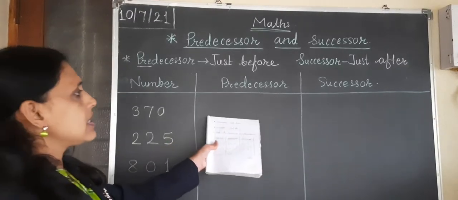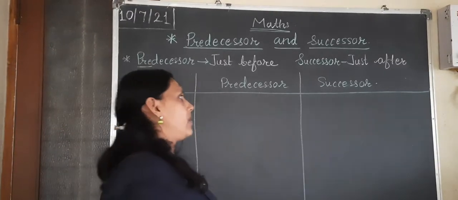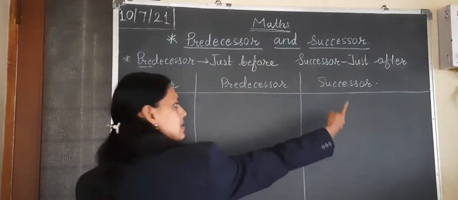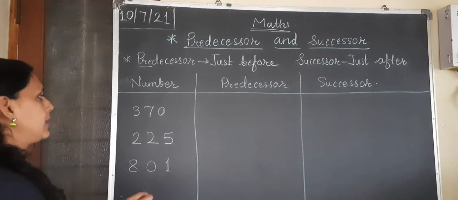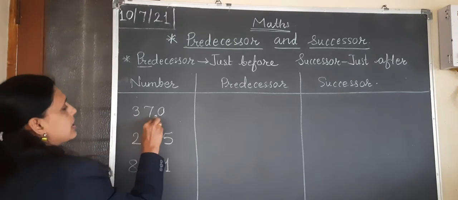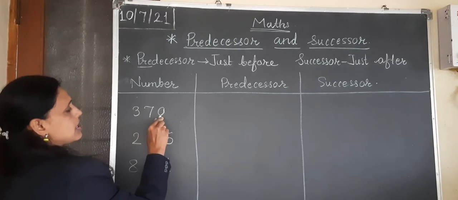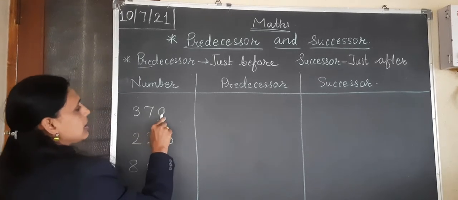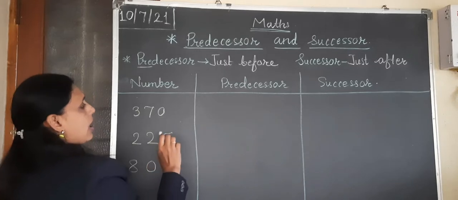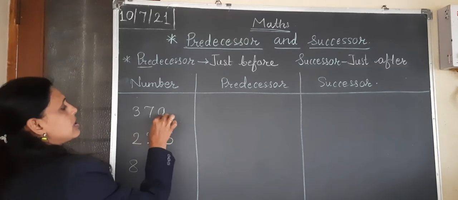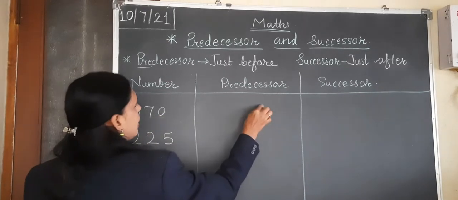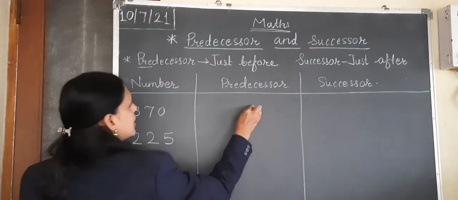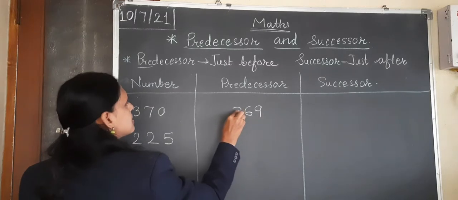Now we'll see some numbers I have written here. Their predecessor and successor we have to find out. This number's predecessor and this number's successor we are going to write here. See students, 370. Predecessor means before number. So just before 70 there comes 69. Or as I told you, instead of 0 you have to write 9, one number less from this, and 3 as it is.